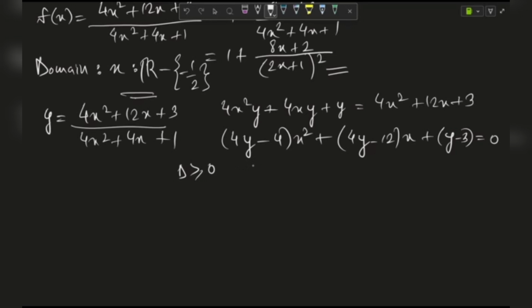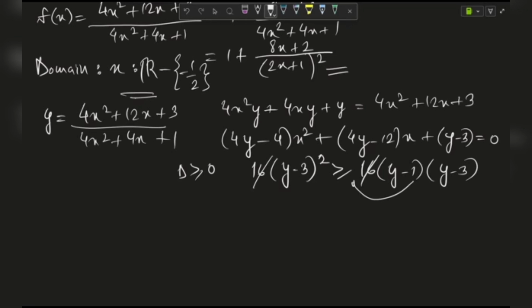Now putting the discriminant greater than or equal to 0, we take 4 common, so this is 16 times (y minus 3) whole squared, greater than or equal to 4ac, that is 16 times (y minus 1)(y minus 3). Pretty obvious, the 16s get cancelled.